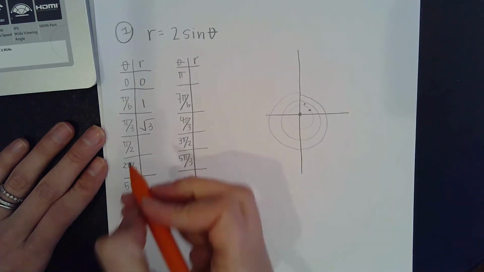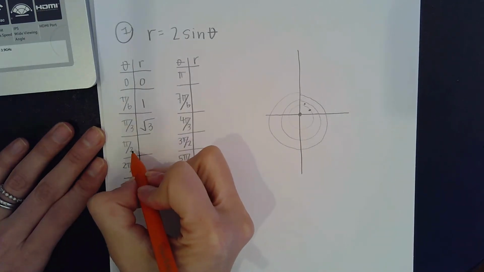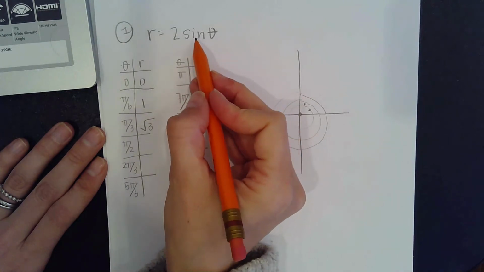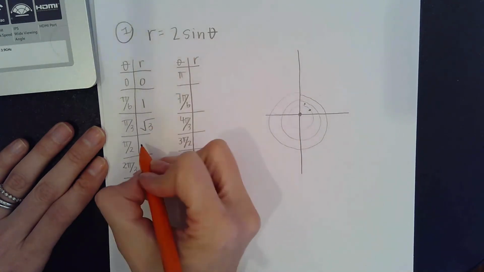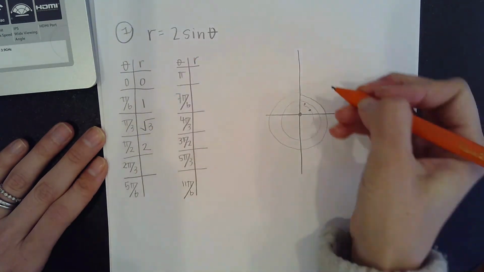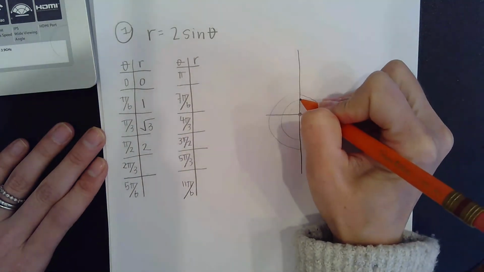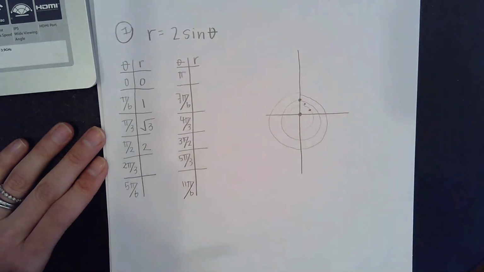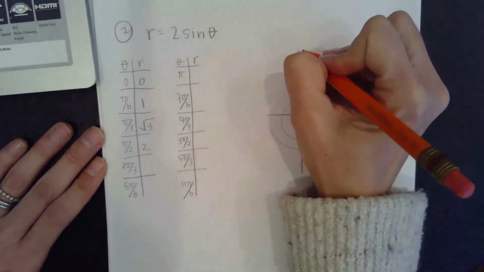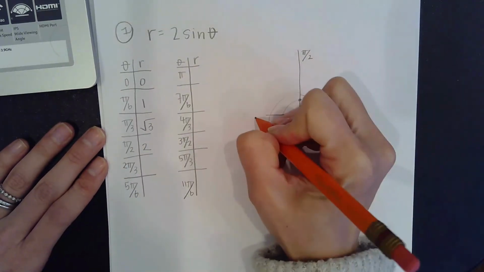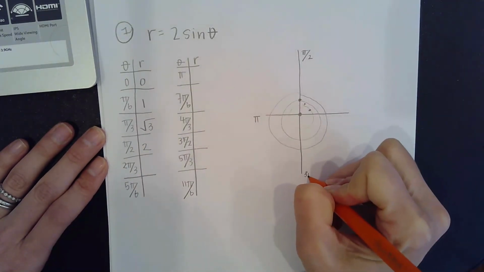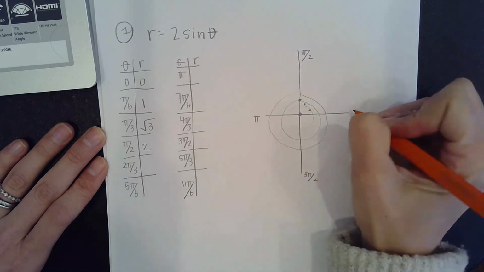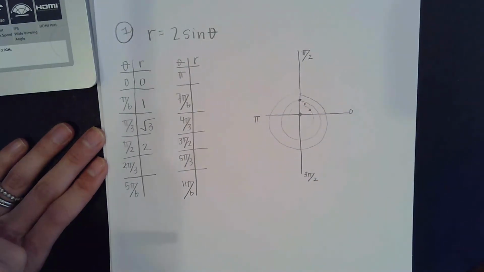Right, pi over 2. If I plug in sine of pi over 2, that is going to be 1. A 1 times 2 is going to be 2. So we are going to be up here. Remember, this is pi over 2, this is pi, this is 3 pi over 2, that's 0.